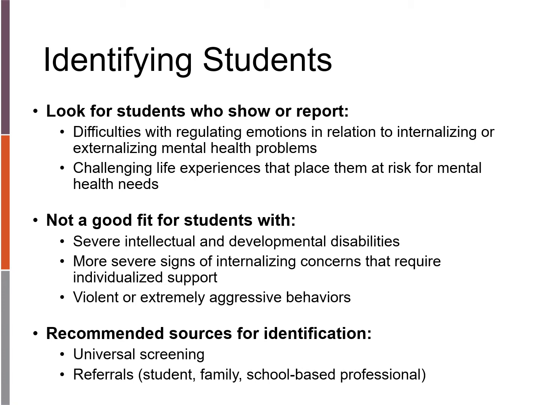These screenings can be completed by school-based professionals, parents or guardians, or students themselves. Research suggests that secondary students' self-reports of risk may be the most accurate method of detection.